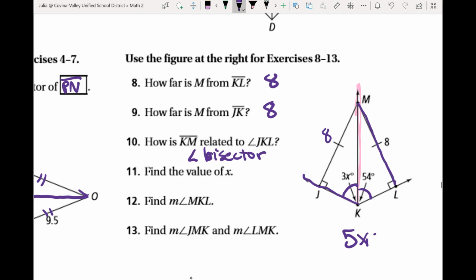So you're allowed to say that 3x equals 54. 3x. Thank you. I was thinking 28, but that didn't quite work. X equals 18. Did you find the measure of angle MKL? Right here? Already given, 54. Good.